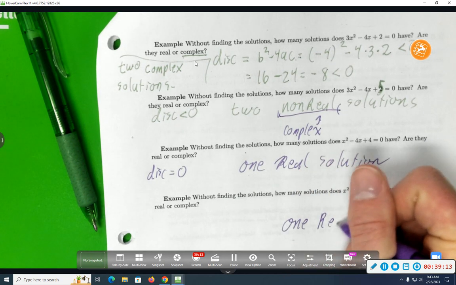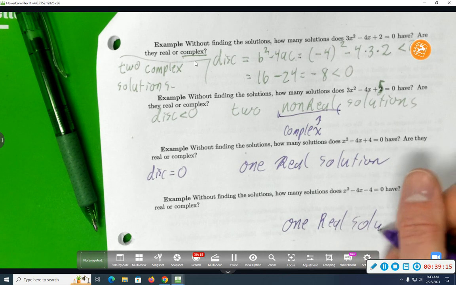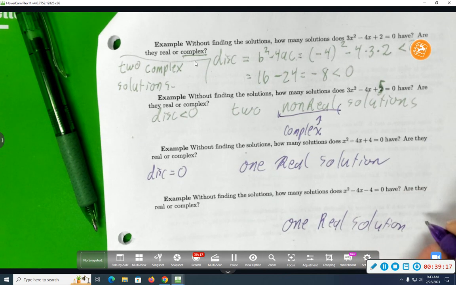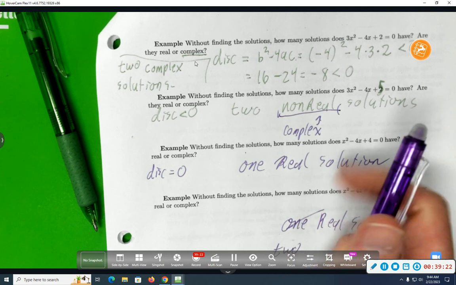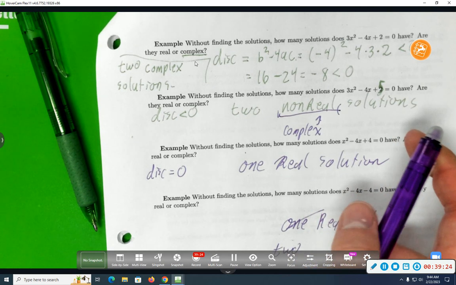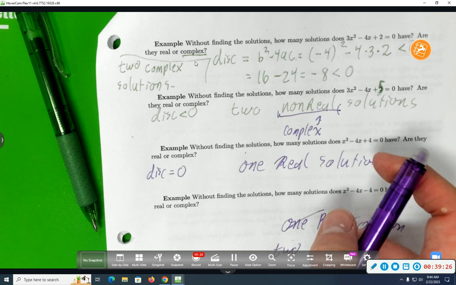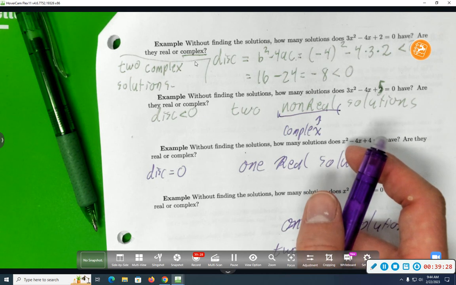I hear one real solution. Does that agree? What did other people get? So it looks like there is some controversy about the value of the discriminant. Should we go through it? Okay, then let us go through it.